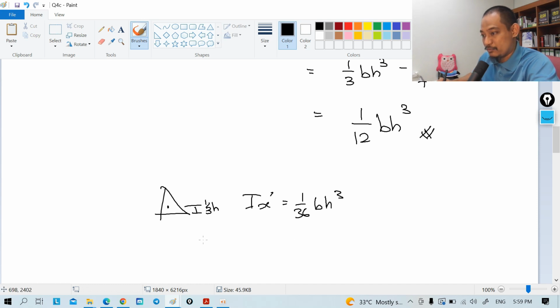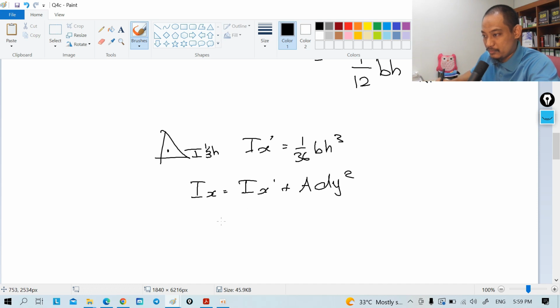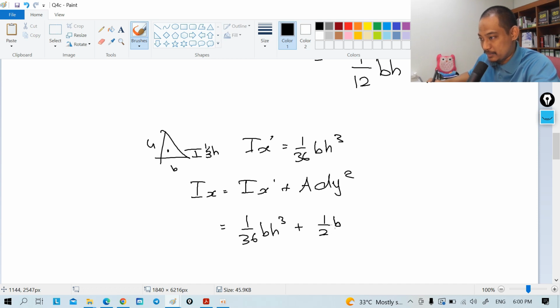right? So from Ix equal to Ix prime plus A dy squared, we can have 1 over 36 b h cubed plus the area, because this is h, this is b, the area is half b h, and then dy is 1 over 3 h, so 1 over 3 h squared.